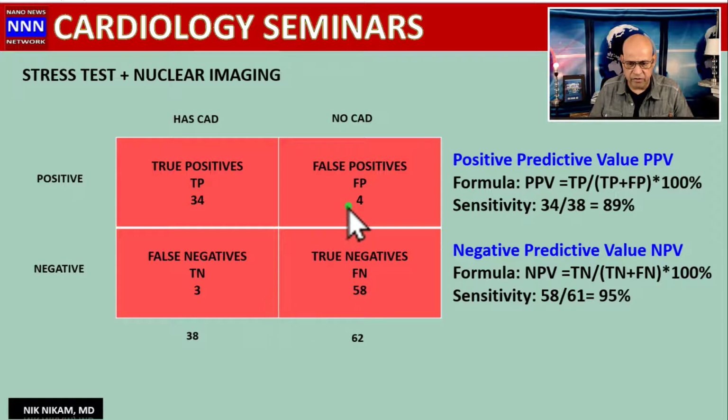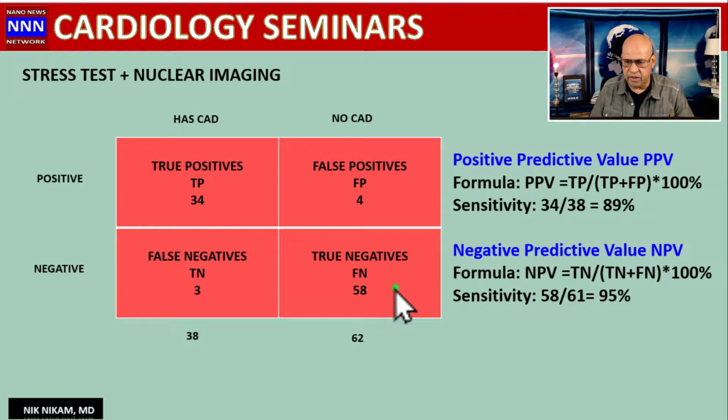Same thing here, there were 15 people with no heart disease who had positive stress tests. The nuclear images were able to identify some of those, so the number dropped here, and the number of true negatives came up.